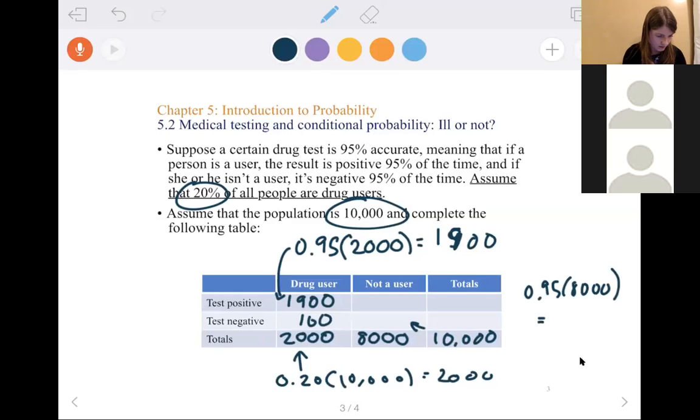And for that one, 95% of our 8,000 is going to be 7,600. And that number is going to go in our test negative. And then we have 400 that we expect to test positive.